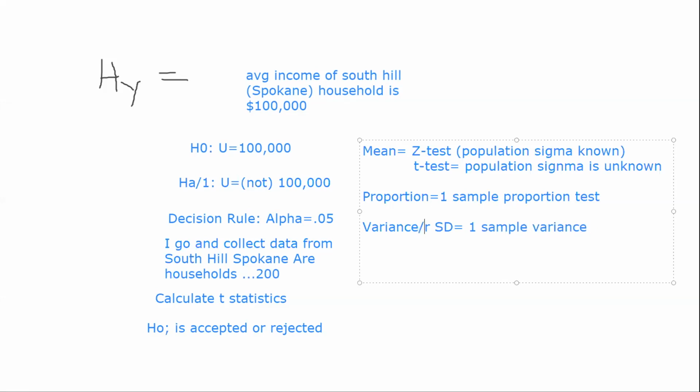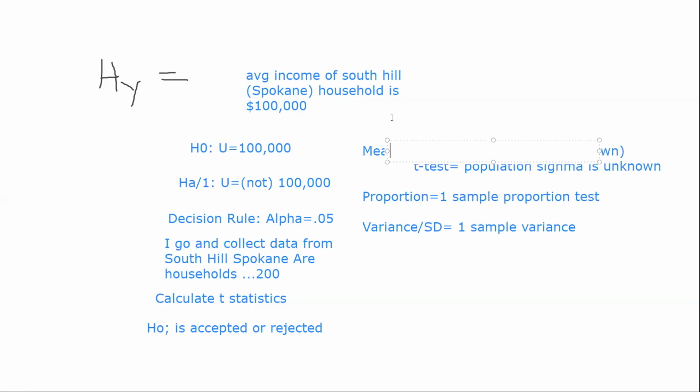If we know variance, we can get the standard deviation, or vice versa. So based on mean, proportion, or standard deviation, we can do hypothesis testing. And this is what we are going to learn in this chapter. So let me go through a couple of slides.